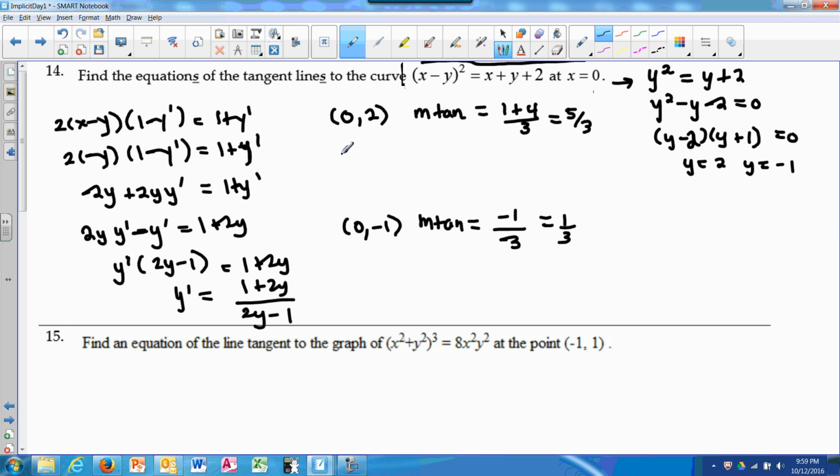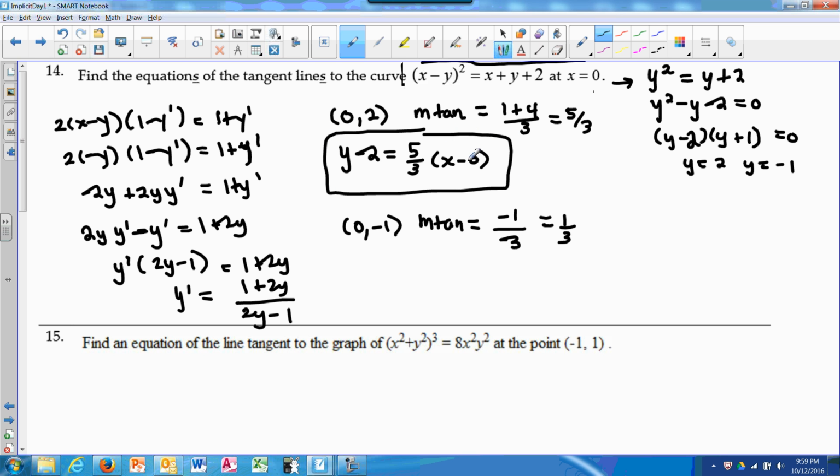So the first tangent line equation is y minus 2 equals 5/3 times the quantity x minus 0. You don't have to write the minus 0. The second linear equation is y plus 1 equals the slope of positive 1/3 times x minus 0.